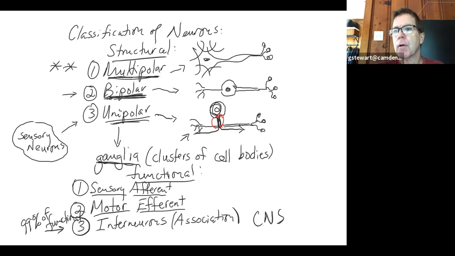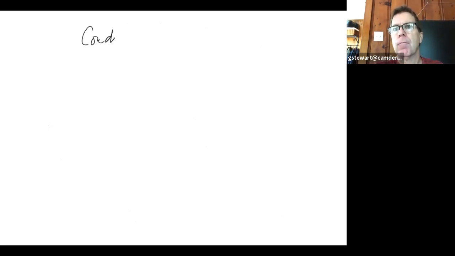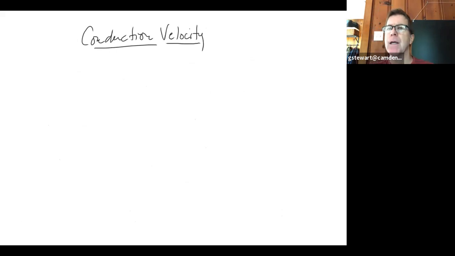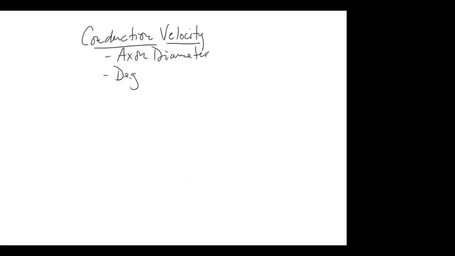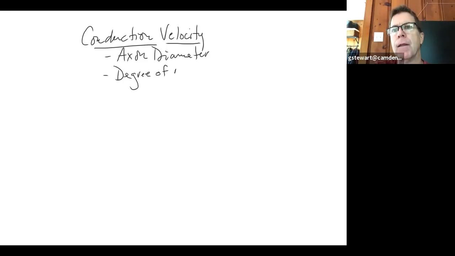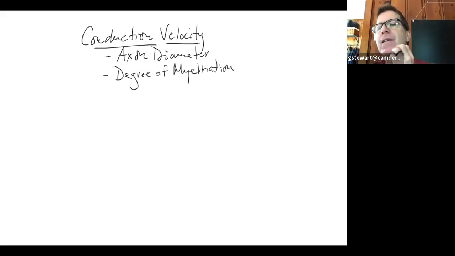All right, very quickly. This is easy business. This is conduction velocity. How quickly a nerve cell can transmit an electrical impulse is basically dependent on two things: axon diameter and degree of myelination, how myelinated the axon fiber is.